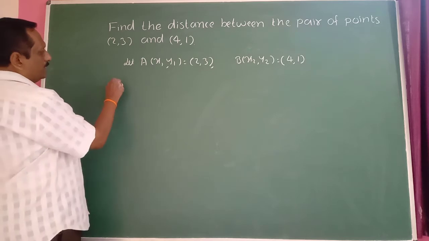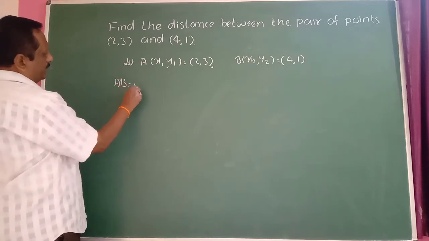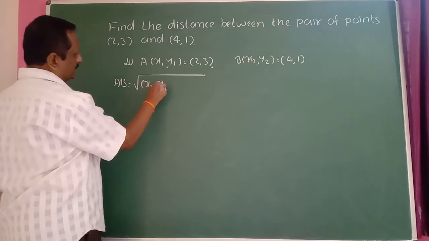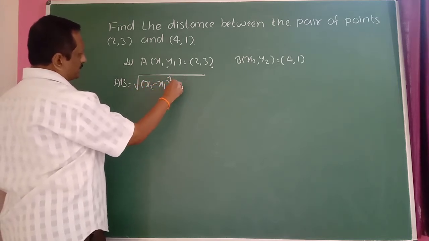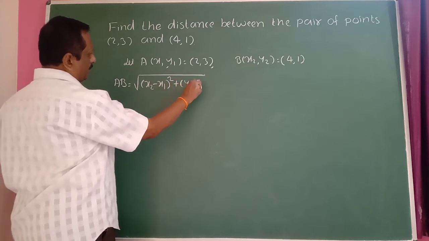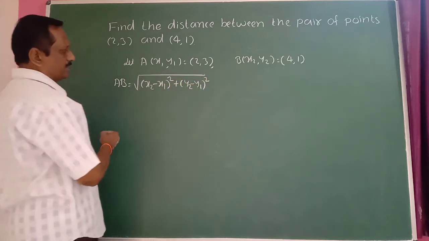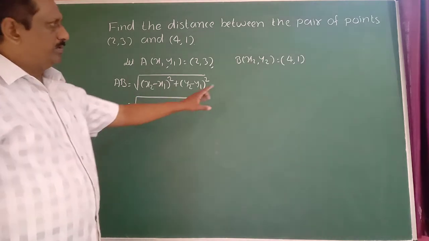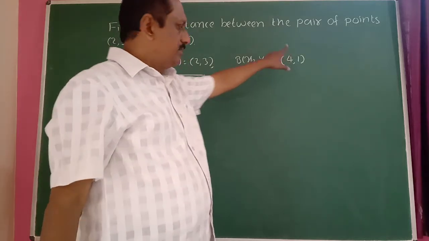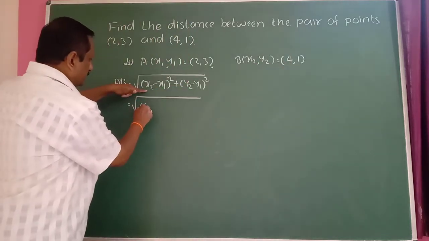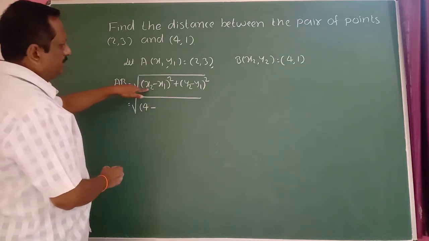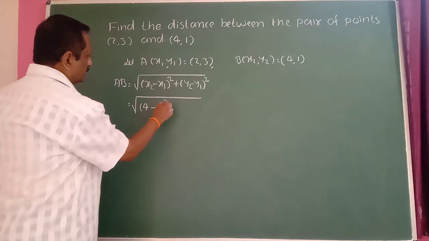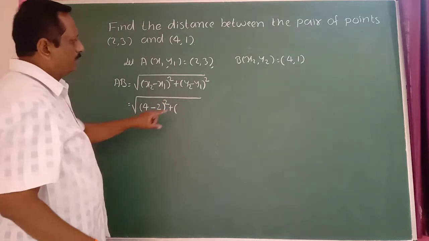So according to the formula, AB is equal to the root of x2 minus x1, the whole square, plus y2 minus y1, the whole square. Therefore, the root of, here x2 is 4 minus x1 which is 2, so 4 minus 2 square, plus y2 minus y1.